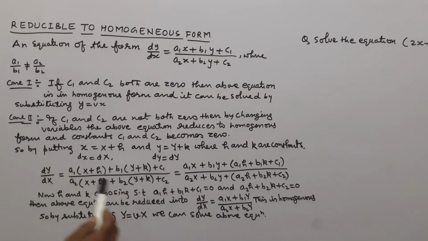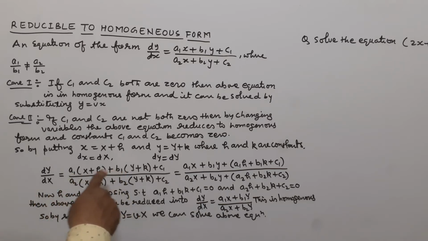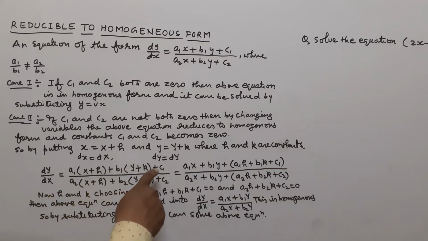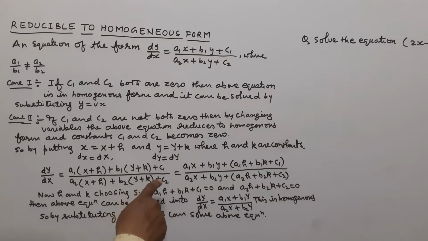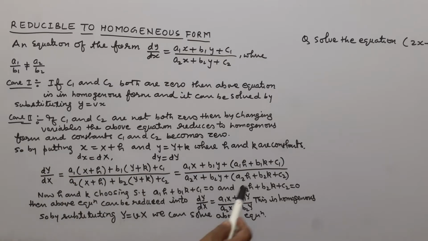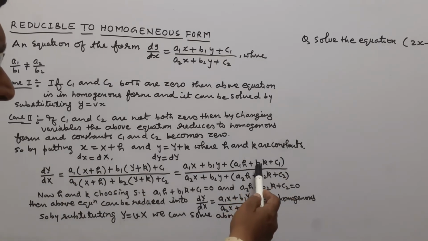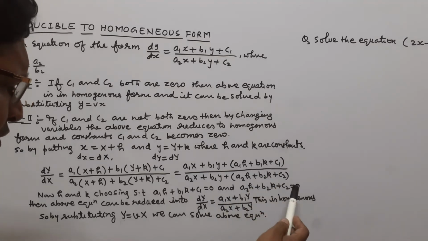Now we solve this, so we can convert this to (a1X plus b1Y plus a1h plus b1k plus c1) upon (a2X plus b2Y plus a2h plus b2k plus c2). Now we choose the constants h and k such that the constant terms a1h plus b1k plus c1 and a2h plus b2k plus c2 are equal to 0.